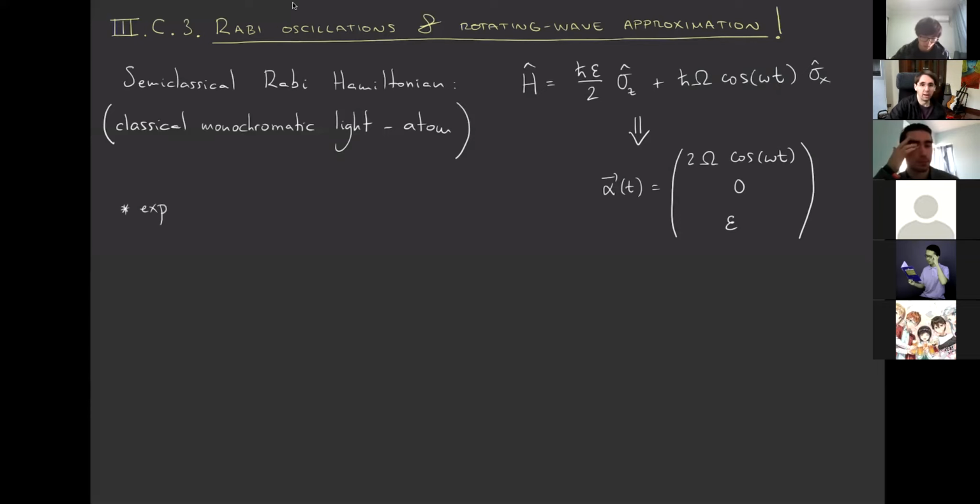So let's talk first about the expectations that we have. The expectation is that when omega is far from epsilon, then nothing happens. Or, if you want more than nothing happens, this is equivalent to free evolution.